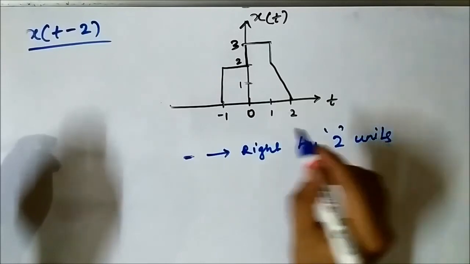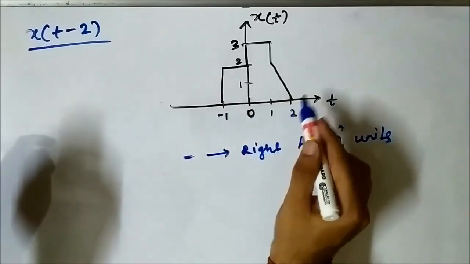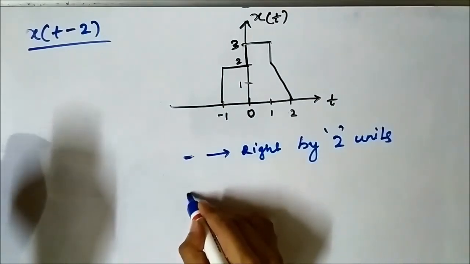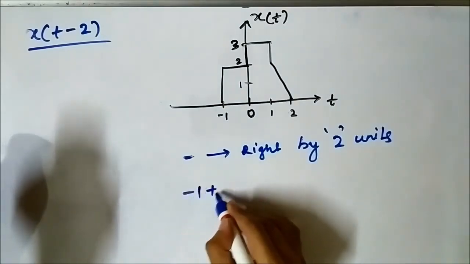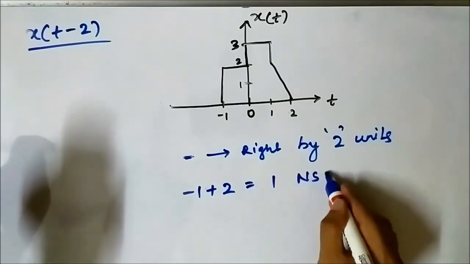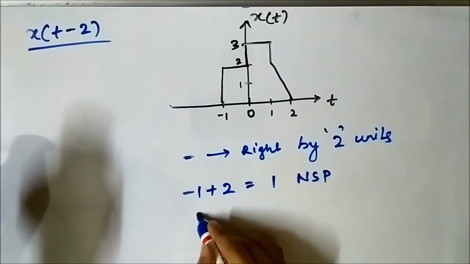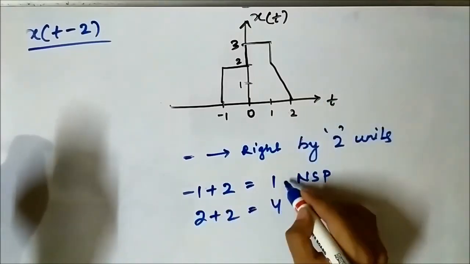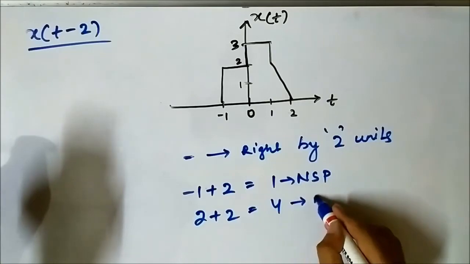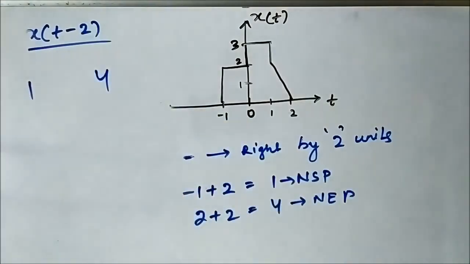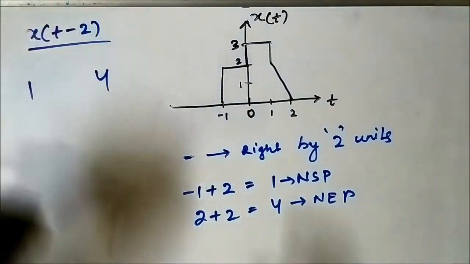Here again you pick the starting and the ending points of the original signal, and add 2 to it. Minus 1 plus 2 equals 1, which is the new starting point, and 2 plus 2, which is 4, is the new ending point. So 1 and 4.